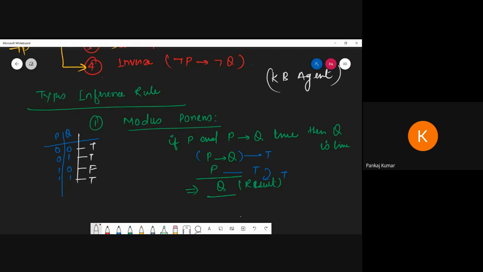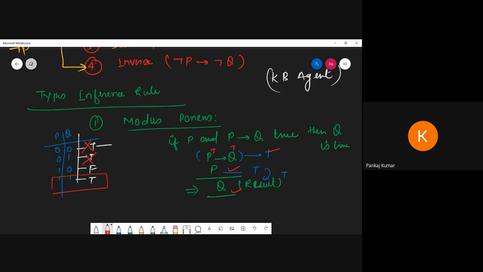P is also true in only some rows, so the others we discard. Now this will be the only one statement: P is true, P implies Q is true, then Q is true. This way we have to find out the result.